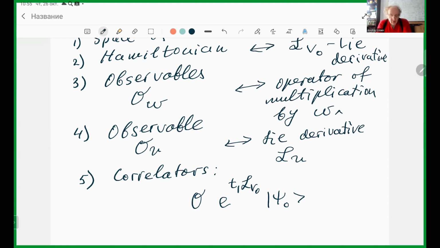So what was the observable that we put there? There are two cases. The first case was where t2 was smaller than tau.